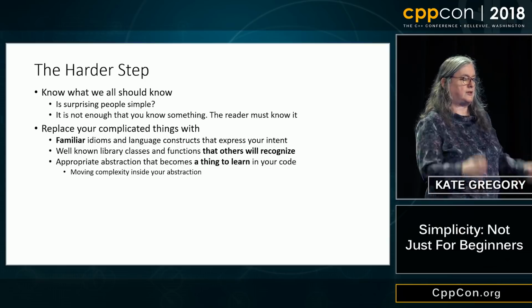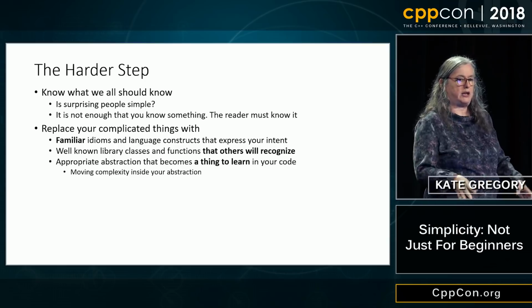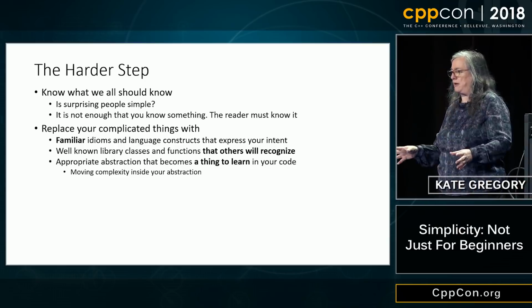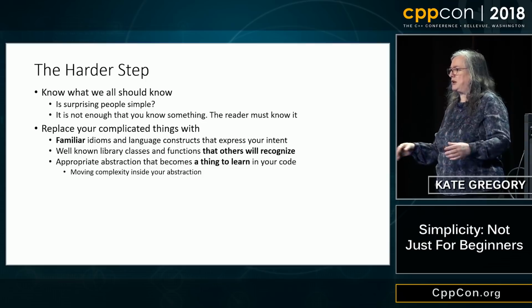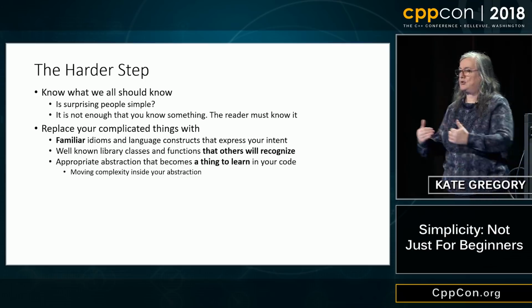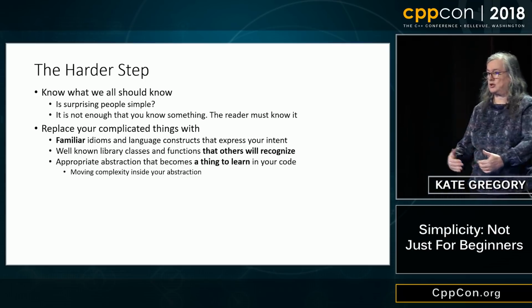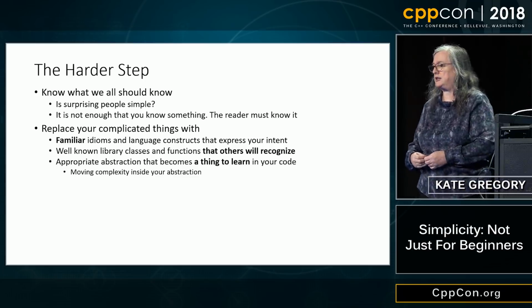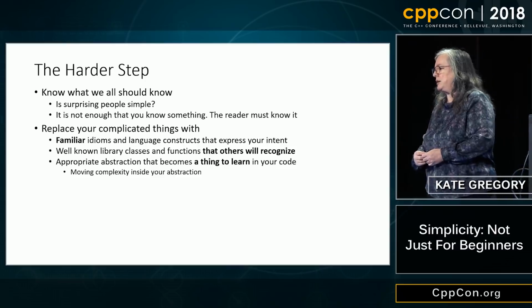Hopefully, everyone's going to recognize all of algorithm and all of numeric, and if they don't, we have cppreference. But there are other things that are maybe less well-known. You want to introduce appropriate abstractions in your code so that people say, oh, that's a rectangle. I know what a rectangle is. That's a purchase order. Cool, right?